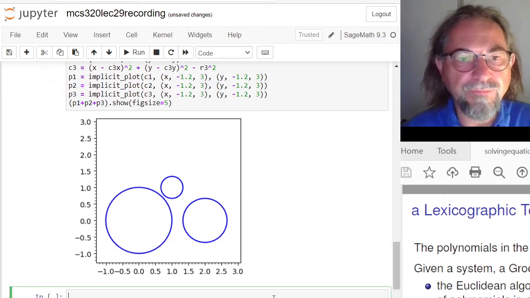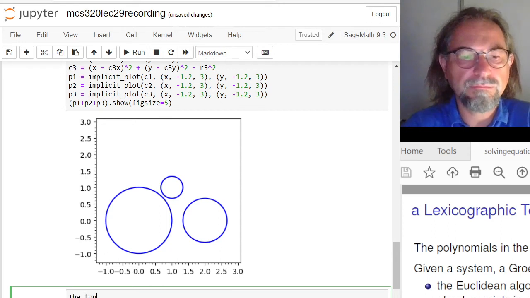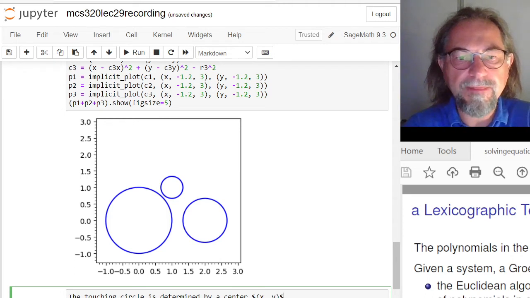Very similar to how we formulated the equations. So how do we formulate the equations now? The touching circle is determined by a center, and the center will be the x and the y and a radius r.